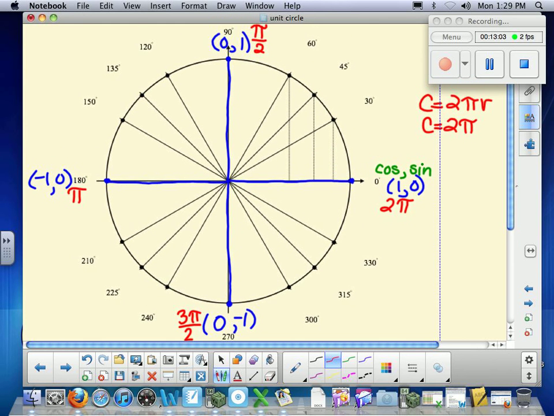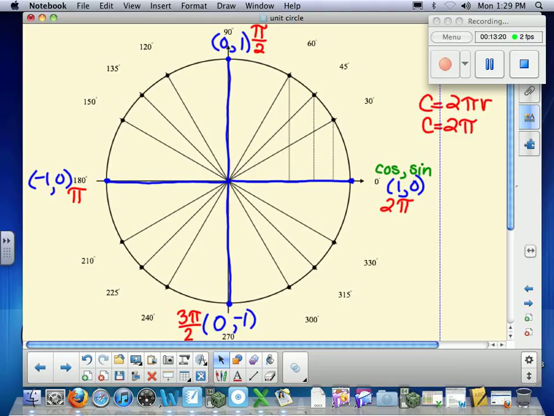Those are what I believe are the 4 easiest ones to find on a unit circle.